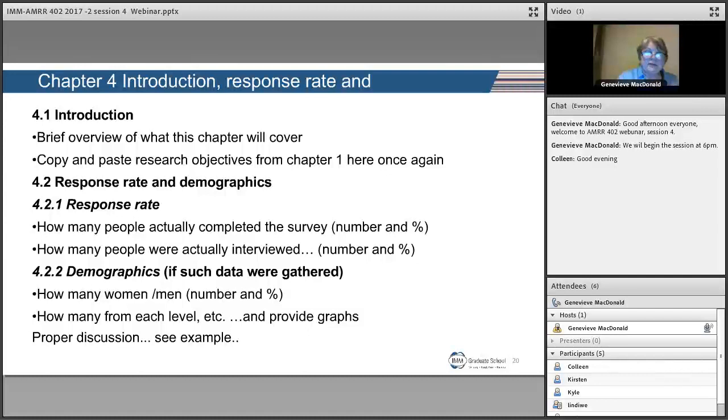So your plan was one thing in Chapter 3, the actual response rate is now in Chapter 4, where you say, okay, this is what actually happened. Demographics, how many men, women, number, and percentage. How many from each level if you actually had a stratified group in the company. Provide graphs and give a proper discussion.